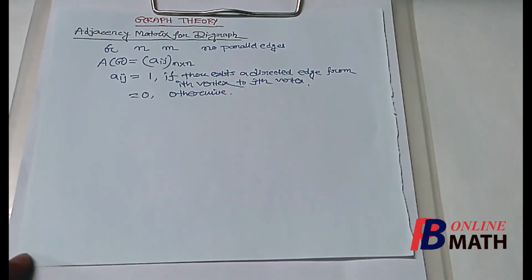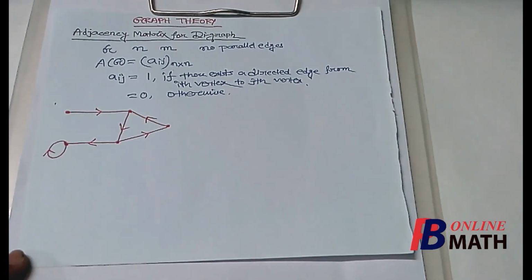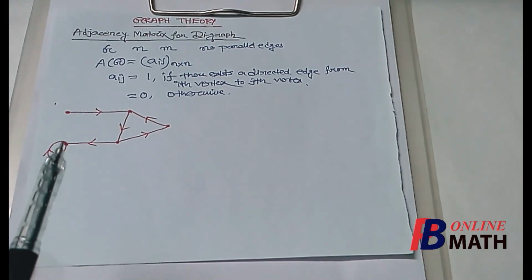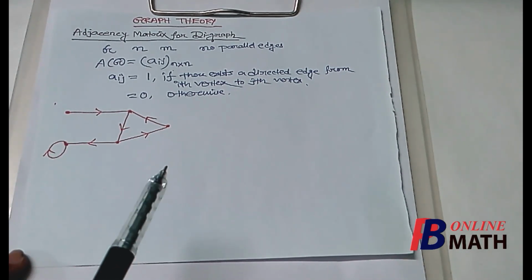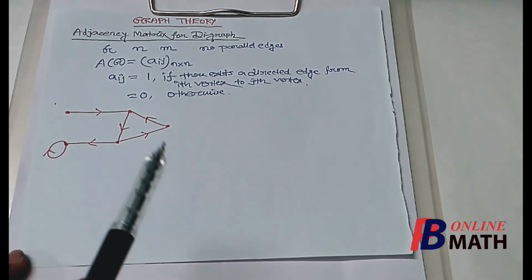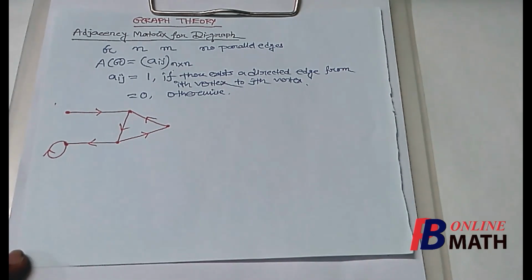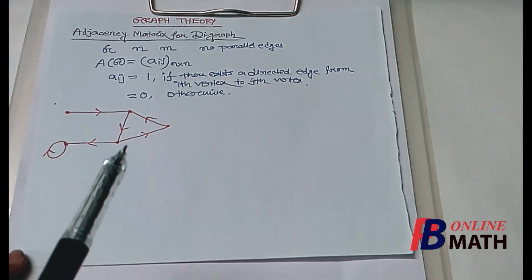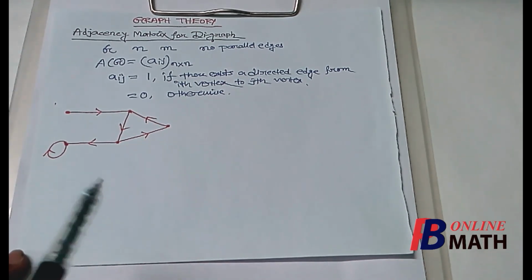So let us consider one directed graph and then we shall find the corresponding adjacency matrix. As an example, we consider this digraph. This digraph has 5 vertices and some directed edges, with one self loop. The graph contains no parallel edges, so we can find the adjacency matrix for this digraph.